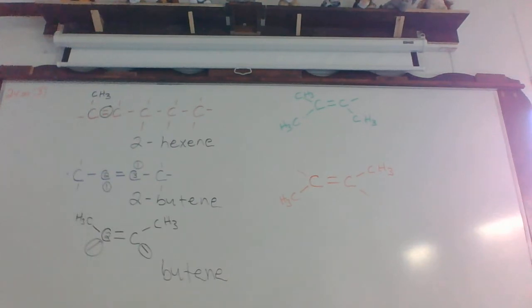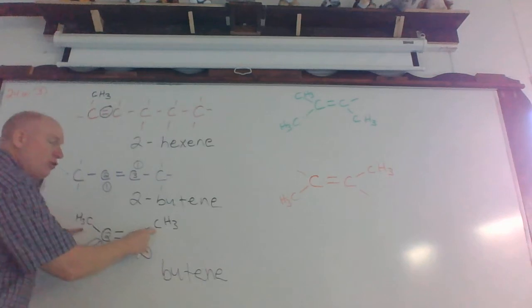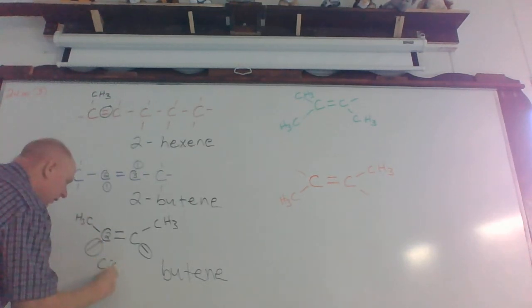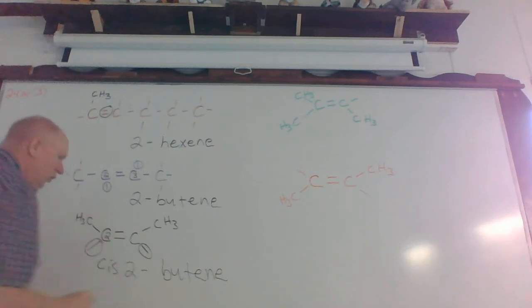So does that mean cis or trans in that example? That means cis. That double bond is located after which carbon? 2. So this is what we call cis-2-butene.